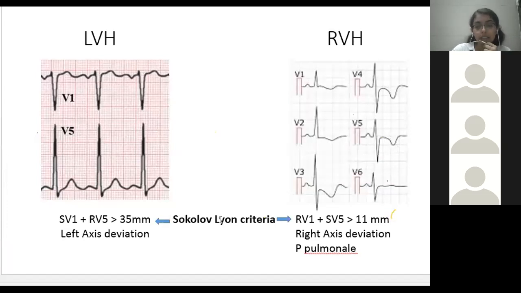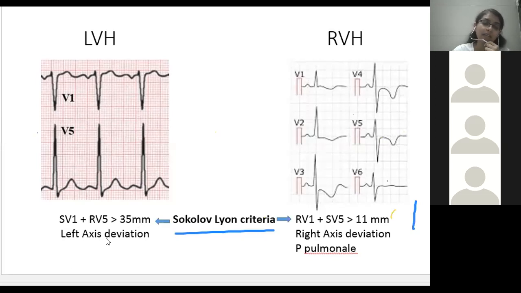There is the Sokolov-Lyon criteria, which says that if you calculate the S wave in V1, that is chest lead 1, and the R wave in V5, chest lead 5, and add them, if it is more than 35 millimeters, we saw that one small box is equal to 1 millimeter, there probably is left ventricular hypertrophy.